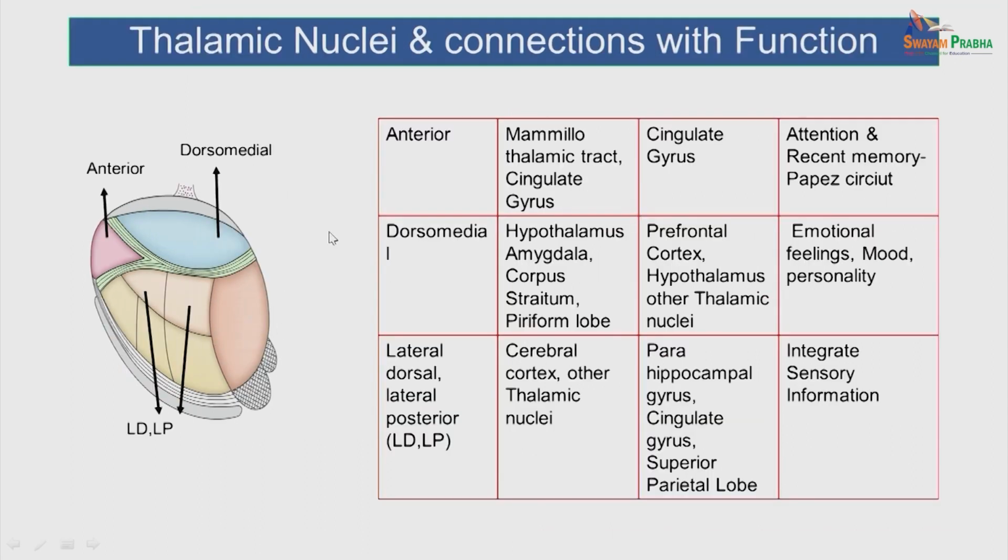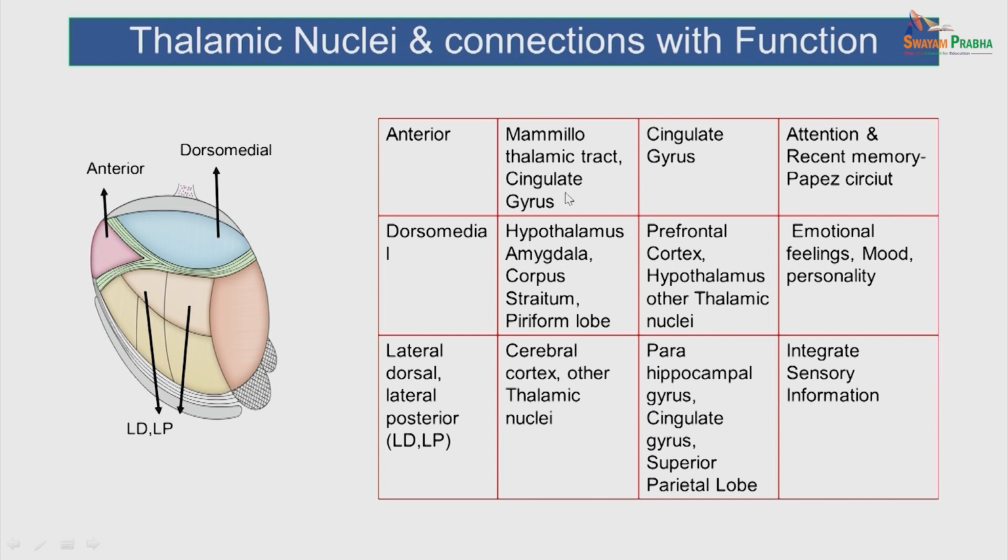Now let us talk about the thalamic nuclei, the various afferents and efferents of each nuclear complex with their functions. First, the anterior thalamic nuclei, which is present between the two limbs of the intramedullary lamina.